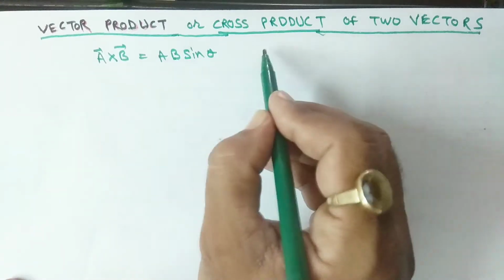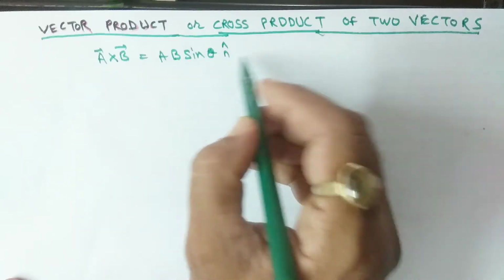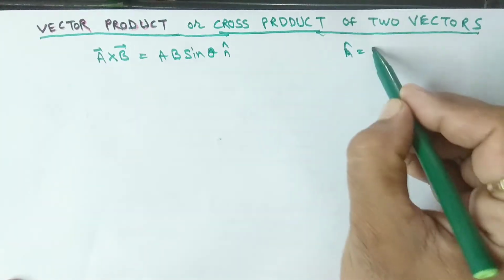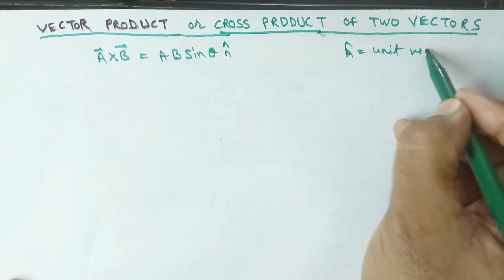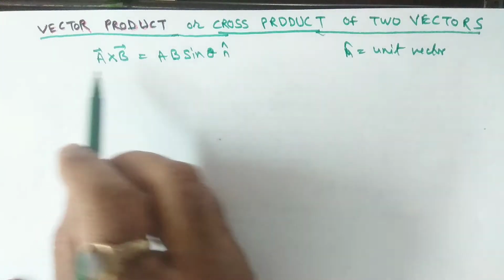Because it is a vector quantity, we'll write n cap also. N cap, you know, is a unit vector. Already you know about it. So this is the definition of the vector product.